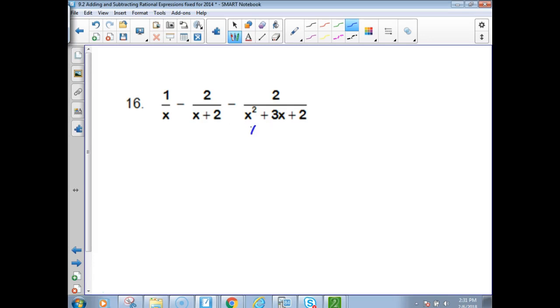This one factors to x plus 2 times x plus 1. The rest are already factored. The first fraction, so let's write down the LCD. It would be x times, yes, you need that x that's alone. You need the x plus 2, and you need what's new here, which would be the x plus 1. All right, so I'm going to multiply the first fraction by what's not in its denominator, which would be x plus 2 times x plus 1.